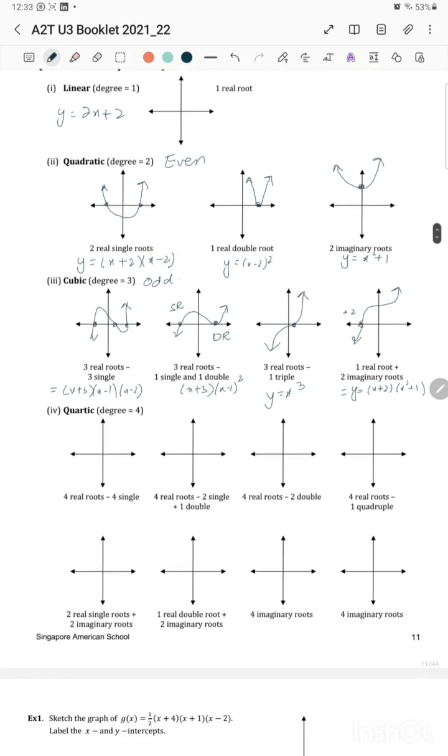Quartic means again even degree. Four real roots: 1, 2, 3, 4. Four real roots, two single and one double, like this.